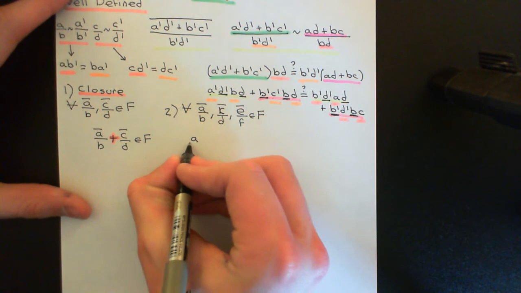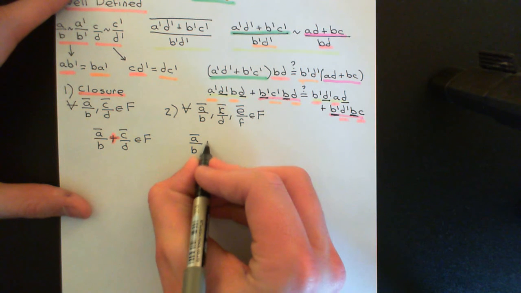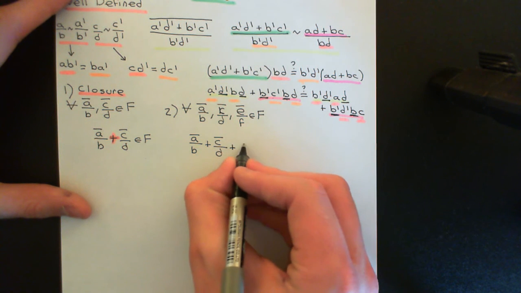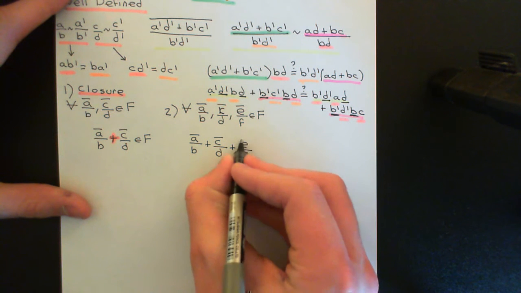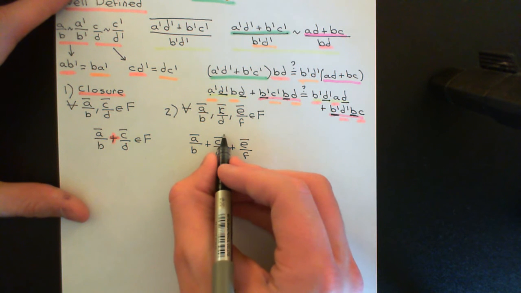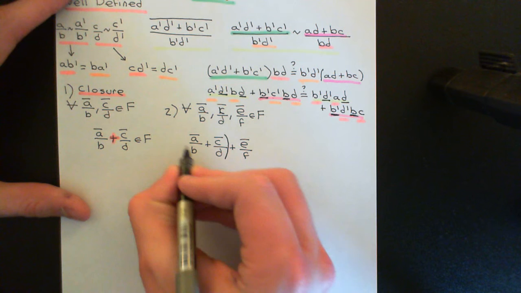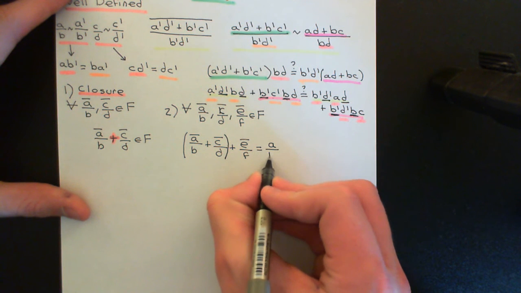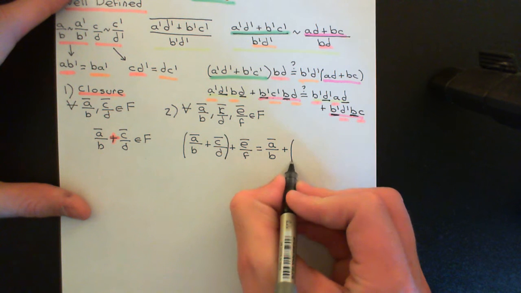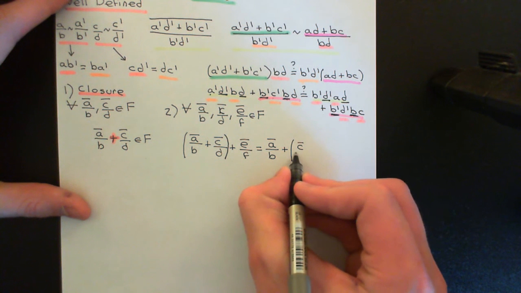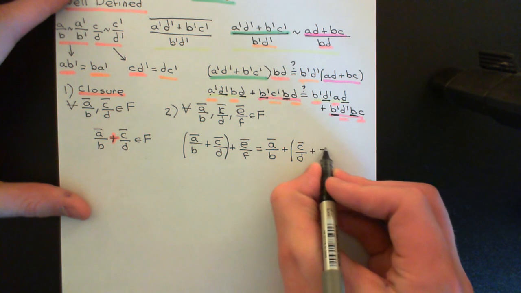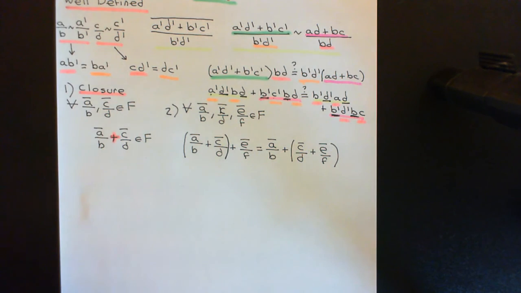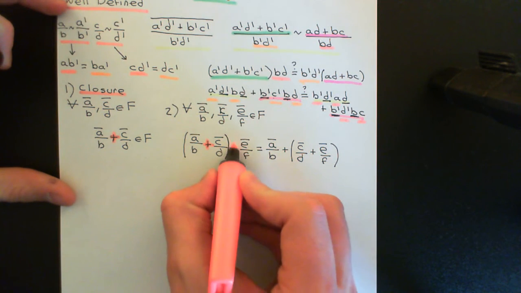So I want to prove that A over B bar plus C over D bar plus E over F bar, if I put the brackets like that, is going to be the same as if I put the brackets in the other way: A over B bar plus, with the brackets here, C over D bar plus E over F bar. This addition here is addition in my fraction field.